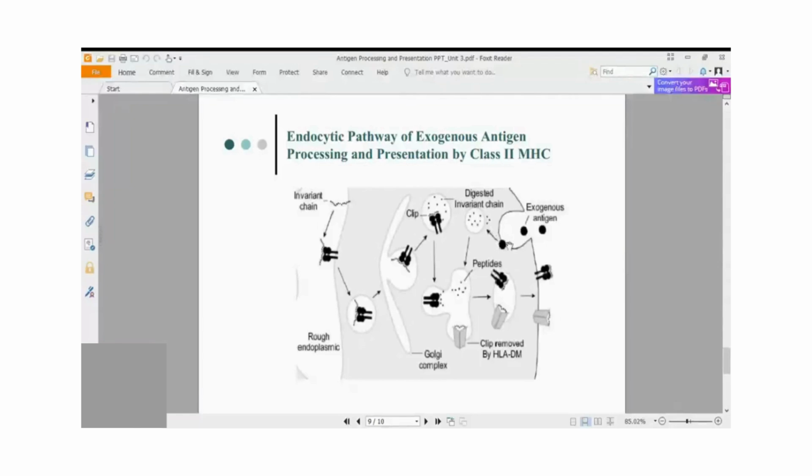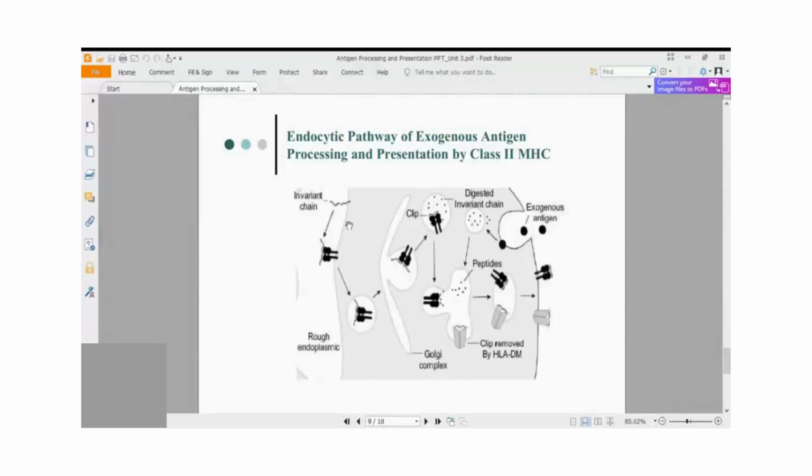Whatever antigen has been internalized is going to be digested in the lysosome. Now let us see simultaneously what is happening inside that particular cell, the antigen presenting cell. In the rough endoplasmic reticulum, the class II MHC is getting assembled.